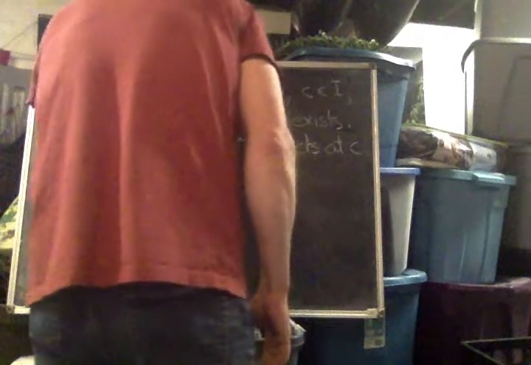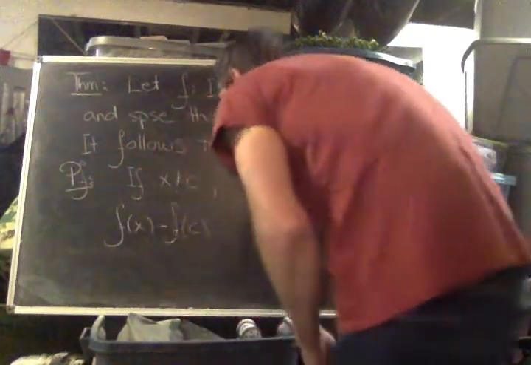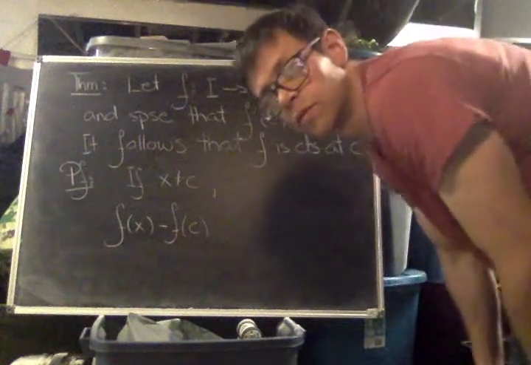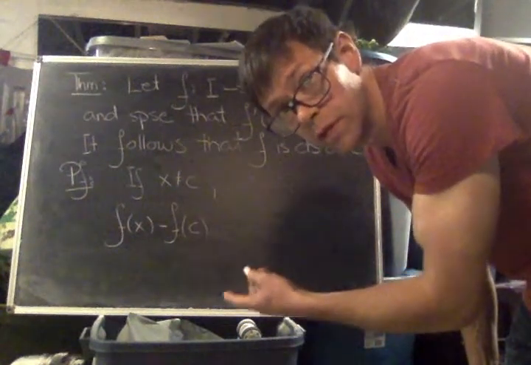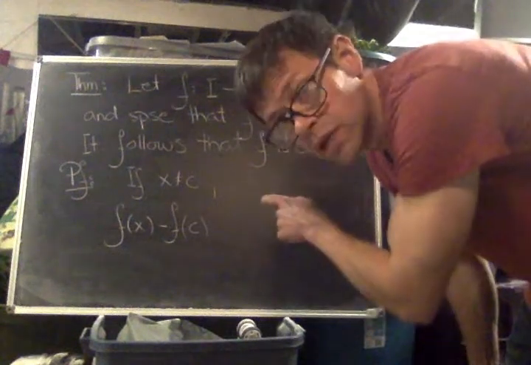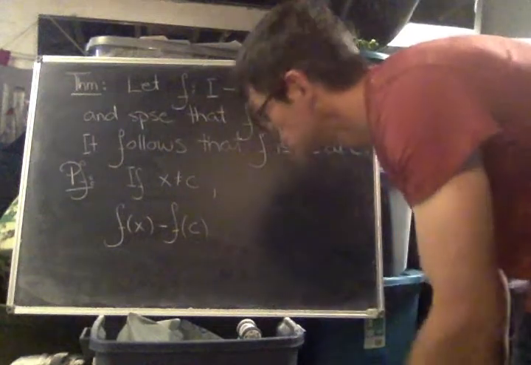Okay, so if x is not equal to c, then let's consider the thing that we would like to be small, right? We want f of x to tend toward f of c, right? So we would like for the limit as x approaches c of this quantity here to be 0. That's the same thing as being continuous, all right?